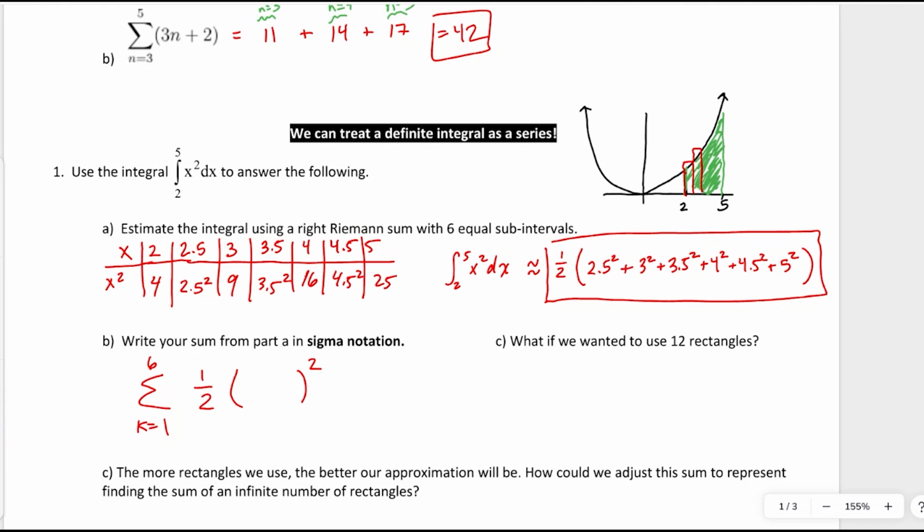So we started with 2, but then added a half for each increment. So if we want to start with the first rectangle and substitute in 1 here, we'd have 2 plus a half. But if we want the second rectangle and plug in 2, we're going to get 2 plus 2 is 4. 4 squared would be 16, and so on.